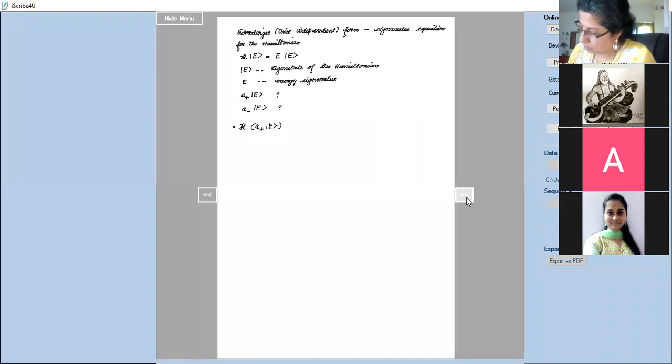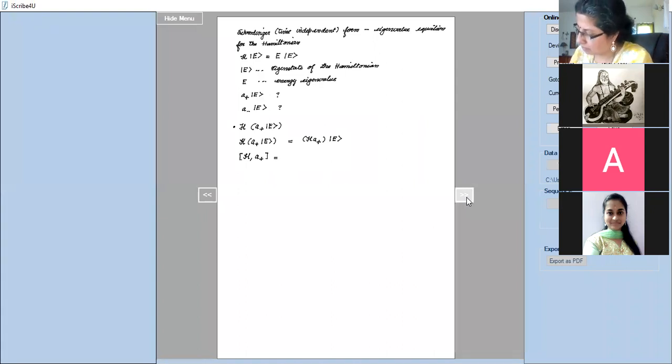All right, so what do we have to do? We have to basically do this. I'm just repeating that earlier step, which is nothing but H A plus acting on E. Now we know something about the commutation relation between H and A plus, right? I just wrote it up in the earlier page. And what was this?